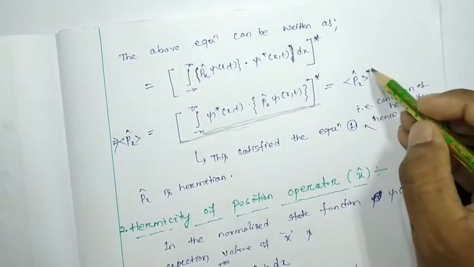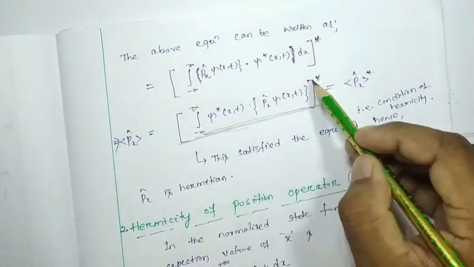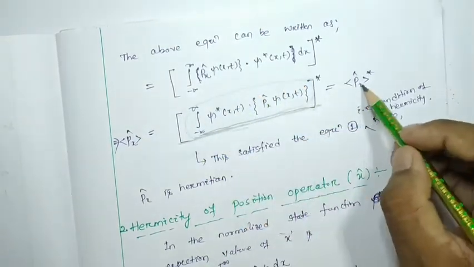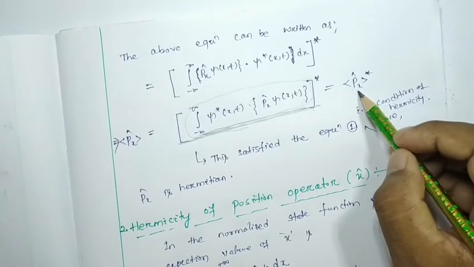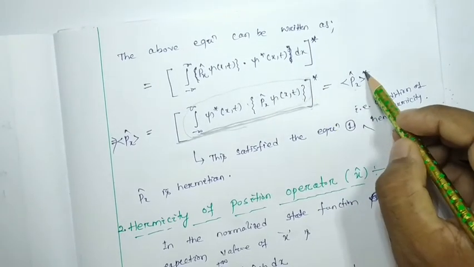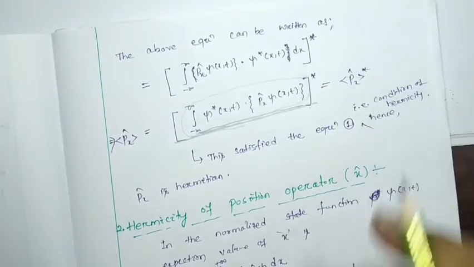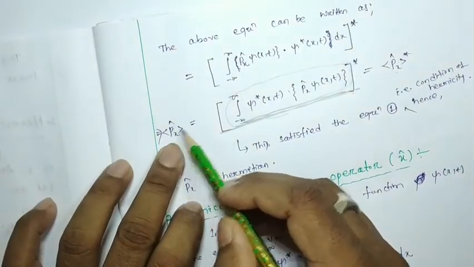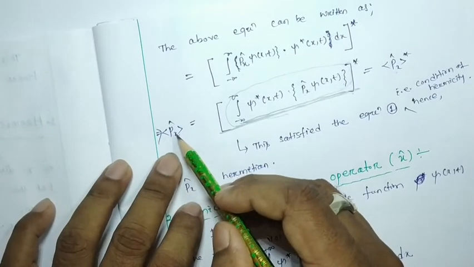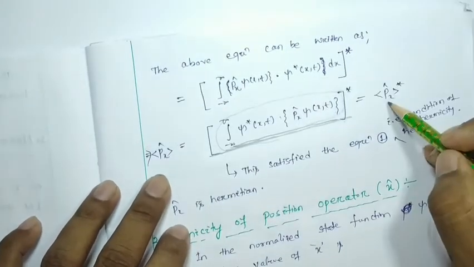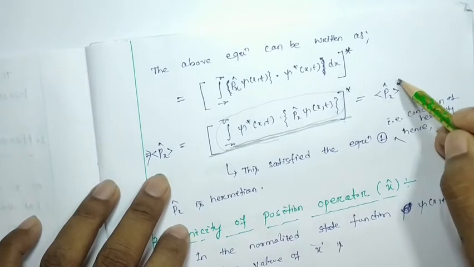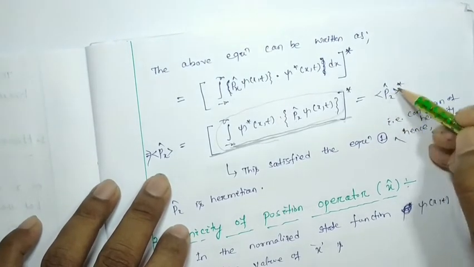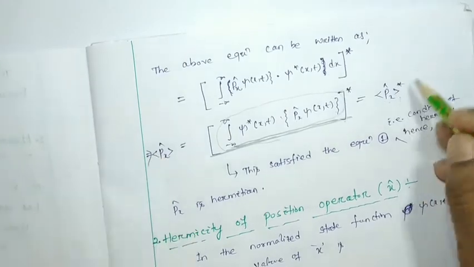That means this square bracket, whatever we have, is nothing but the expectation value of px. But the star is there, so the expectation value of px whole star. So here we found that the expectation value of px is equal to the complex conjugate of the expectation value of px. So this is nothing but our equation number 1.